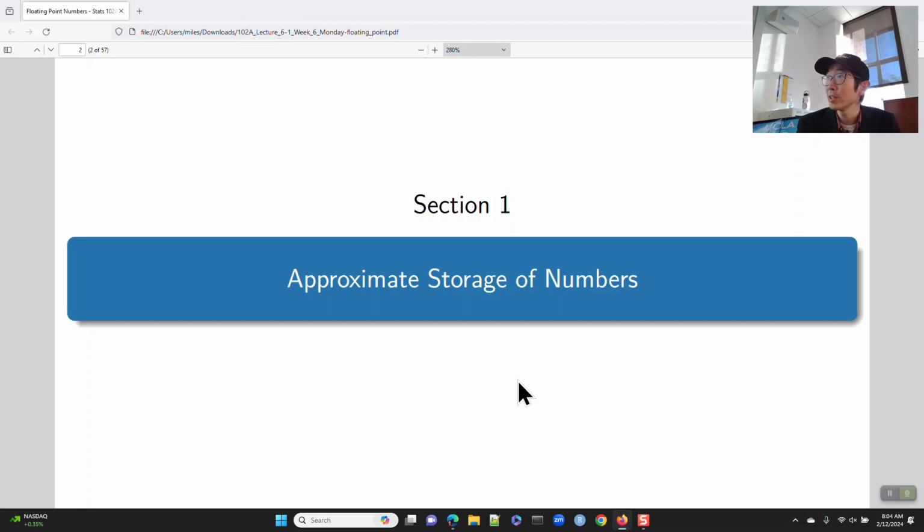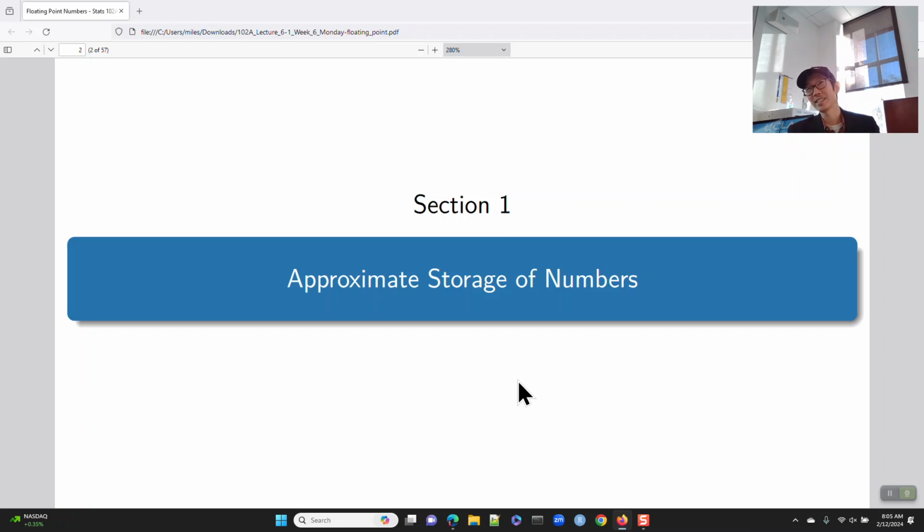And so the crux of the problem is that a real number, think of pi, okay? How many digits of pi are there? It's infinitely many, right? As far as we know, it just keeps going forever.